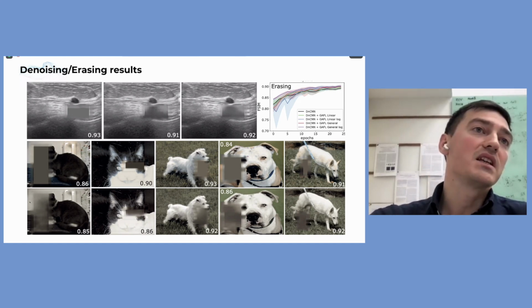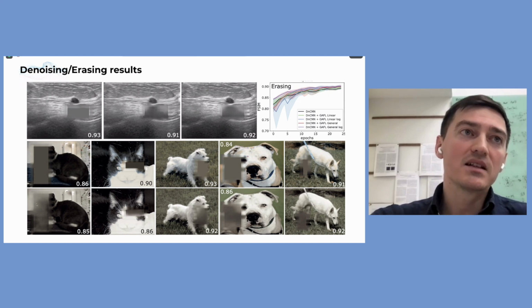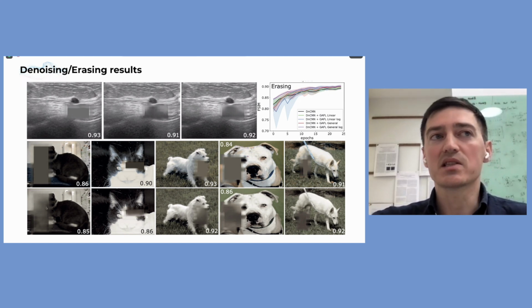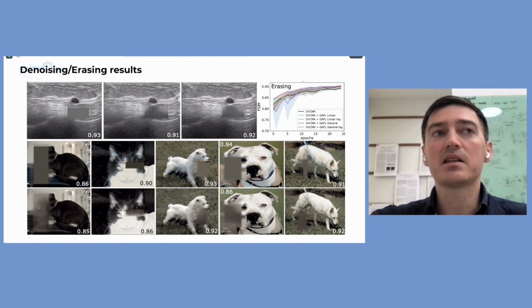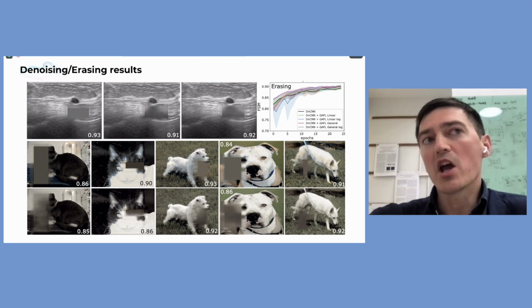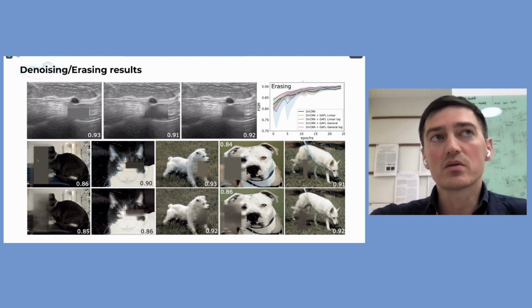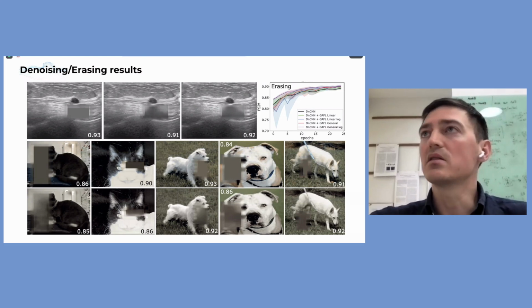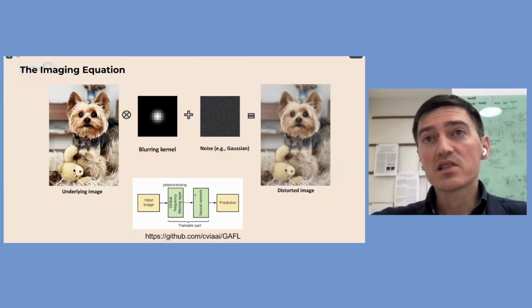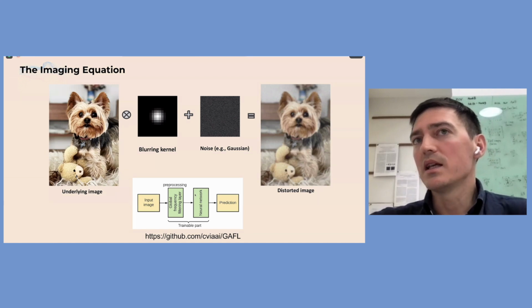And even here, you can see some low frequencies which existed here in the head of the cat, which we were able to recover, as opposed to DnCNN, which just has no idea what's going on inside of that rectangle. So this is our little proposal.